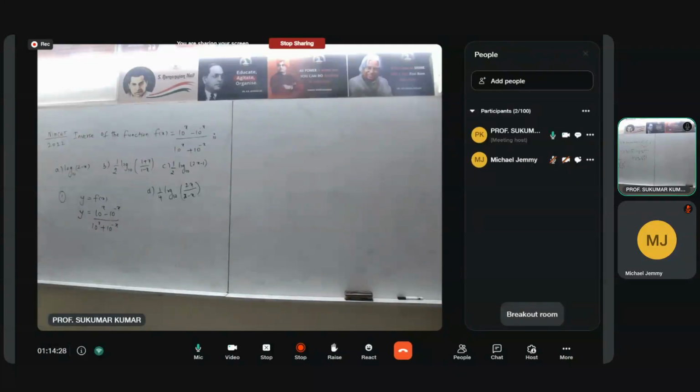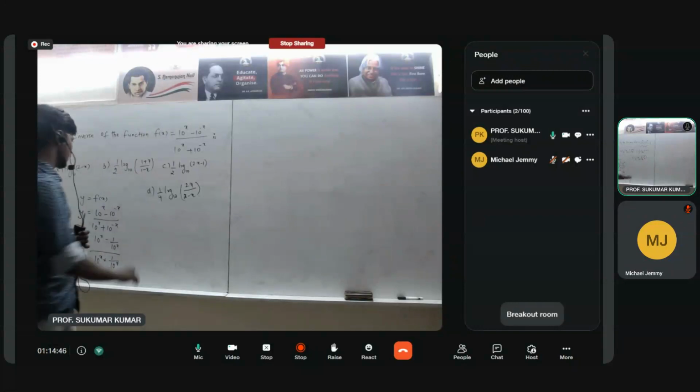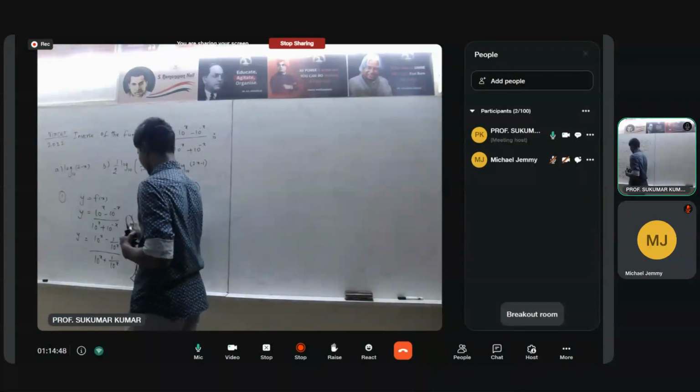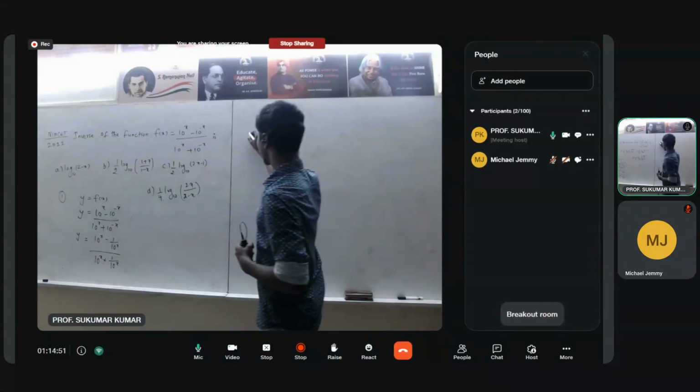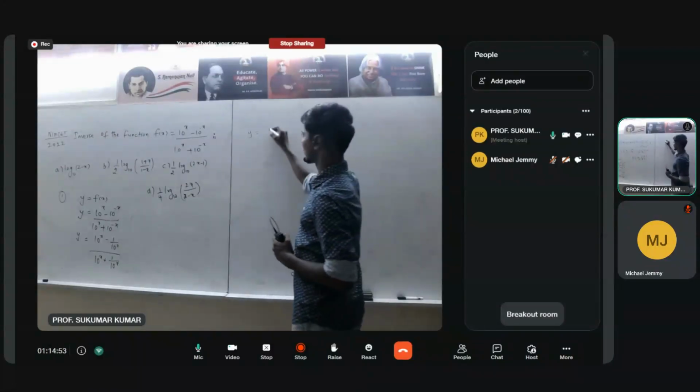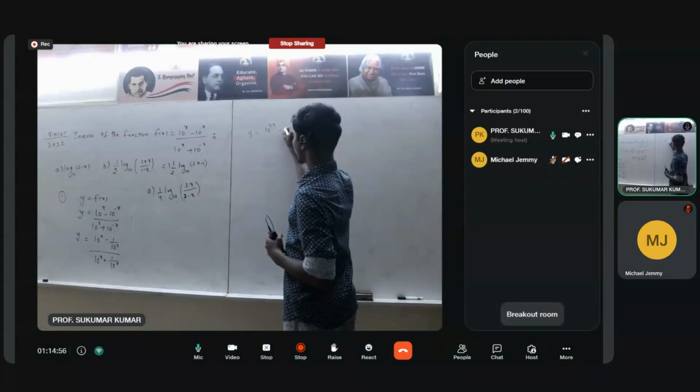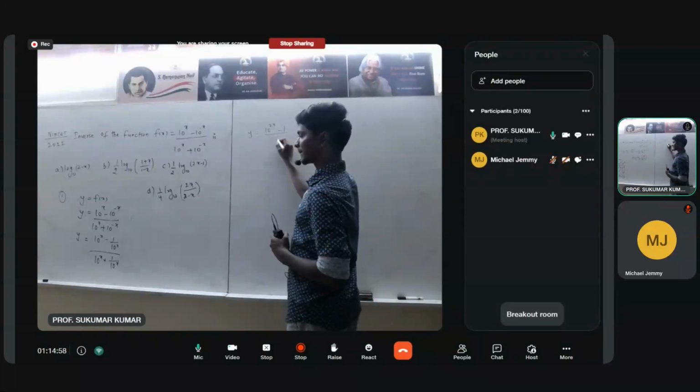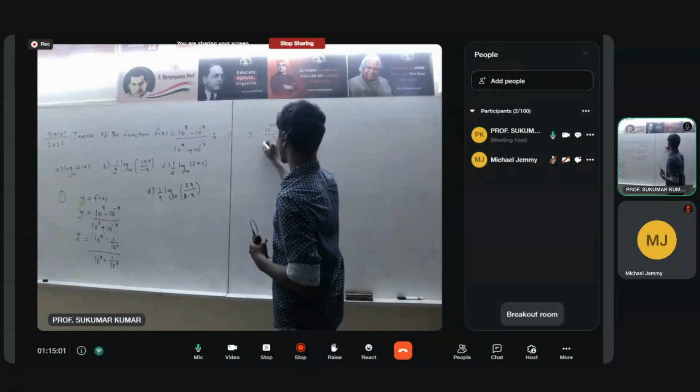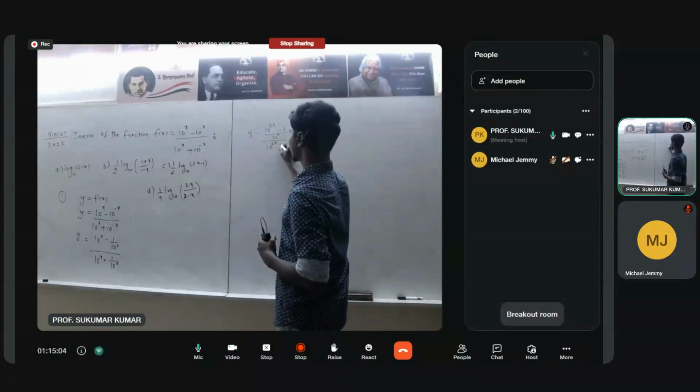We have to write everything in terms of y or x, an expression. So y equal to 10 power x minus 1 by 10 power x, divided by 10 power x plus 1 by 10 power x. Again, y equals 10 power 2x minus 1 divided by 10 power x, whole divided by 10 power 2x plus 1 divided by 10 power x.